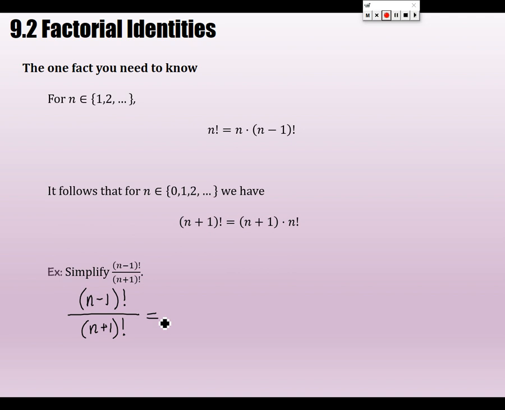Alright, maybe it goes without saying, but I hope you're starting to already see that (n minus 1) factorial is almost contained in (n plus 1) factorial. Right? And (n minus 1) factorial is a factor of (n plus 1) factorial. So if you expand out the top, it would be (n minus 1) times (n minus 2) times (n minus 3), etc. If we expand out the bottom, what is (n plus 1) factorial? (n plus 1) factorial is (n plus 1) times n times (n minus 1), etc. In some sense, the factorial just means etc., right?